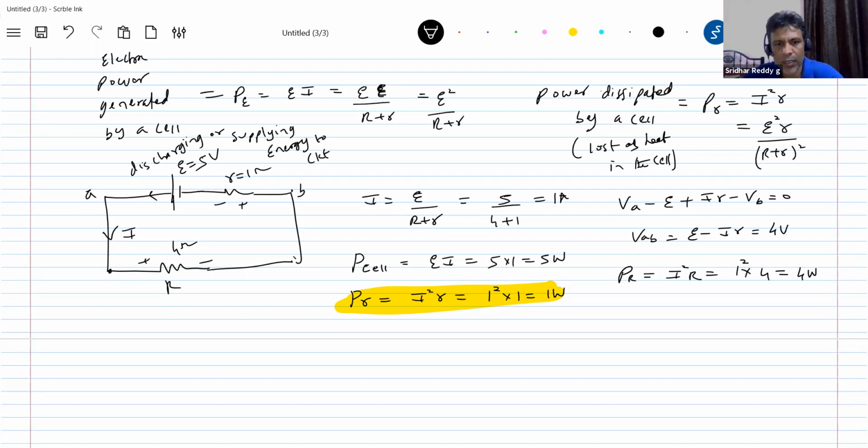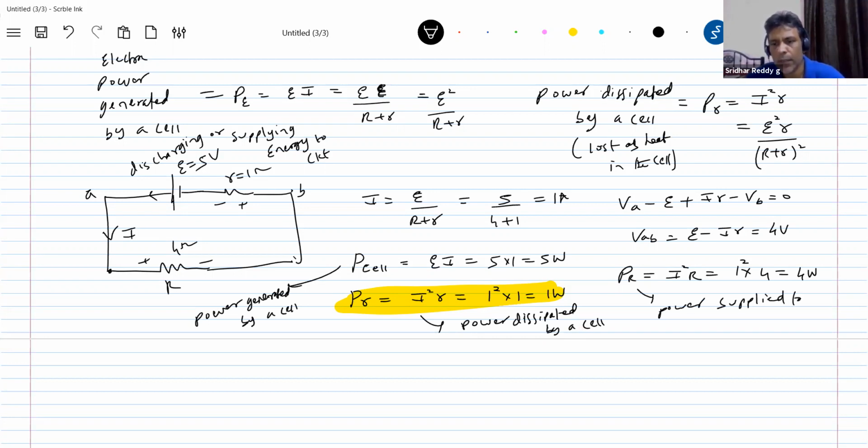So this is the power generated by the cell. This one is the power dissipated by the cell. Dissipated, it's over, permanently lost. And this is the power supplied to the external circuit. So when it's discharging, it means it is supplying energy to the circuit.